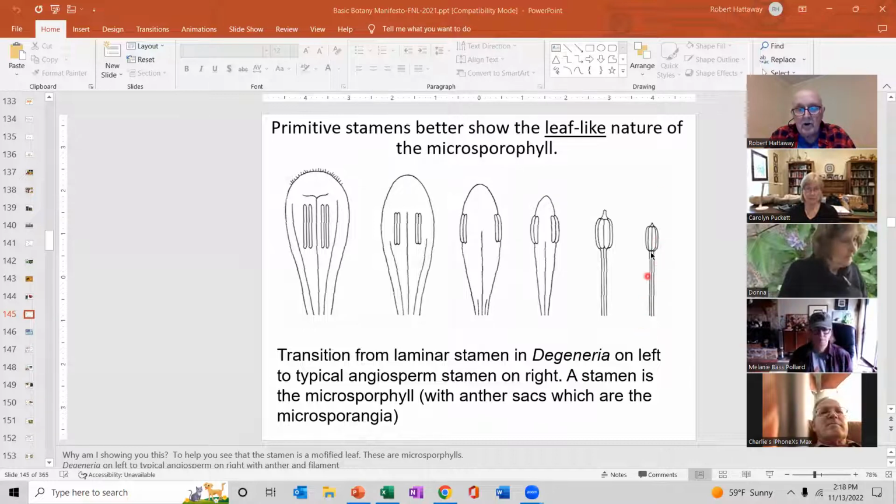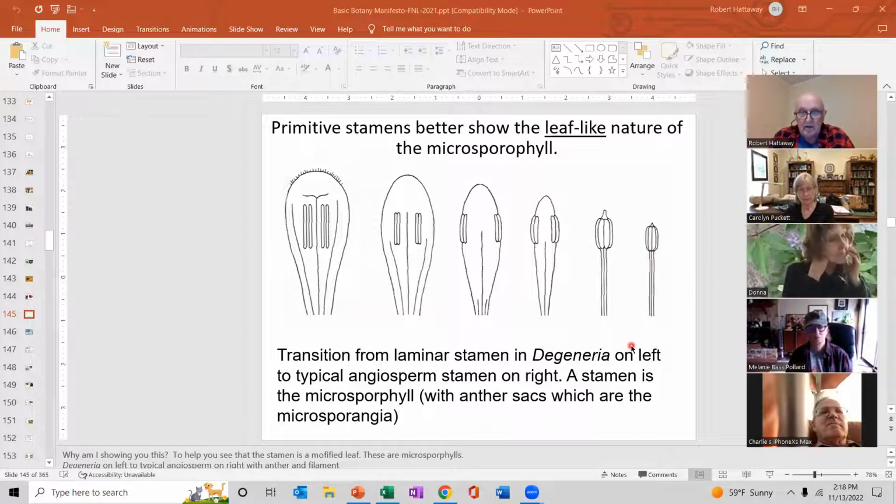Over here on the right looks like an ordinary stamen, but these on the far side look like something vastly different. But the truth is, these are modified laminar stamens. What we're dealing with is a stamen that actually looks like a modified leaf. If you look at this one, the blade parts of the leaf are gone, and the midrib is all you've got.